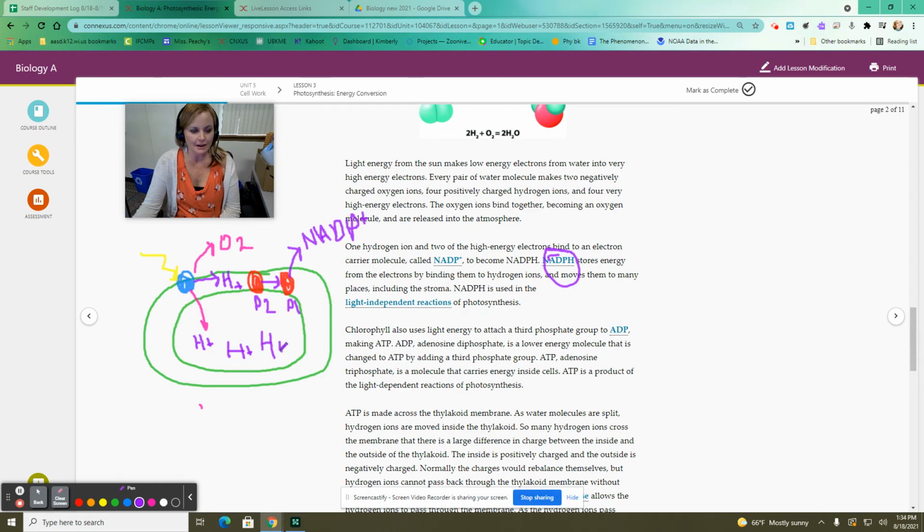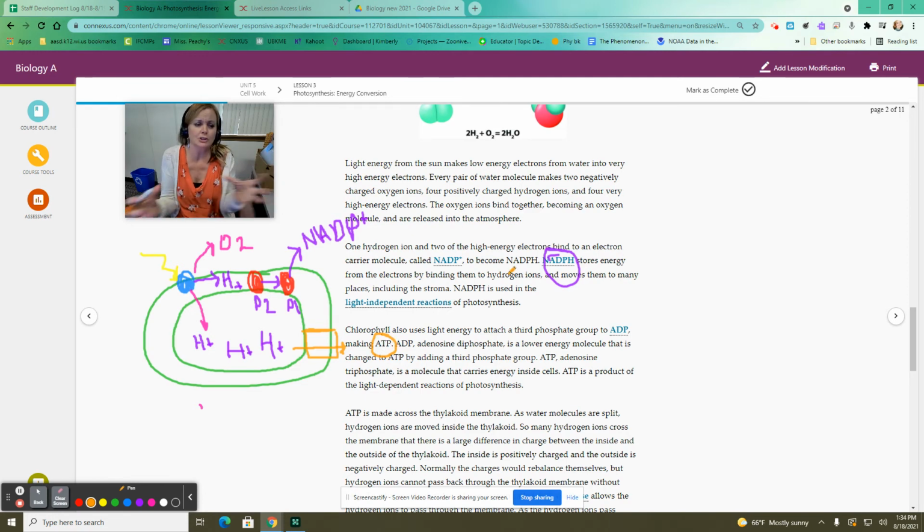The other hydrogen ions that get shuttled inside the thylakoid make their way out of the inside through another doorway called ATP synthase. So that's our enzyme. They move through ATP synthase, and their energy is used to create ATP from ADP. So we started with ADP, and then they add an extra phosphate group to it.